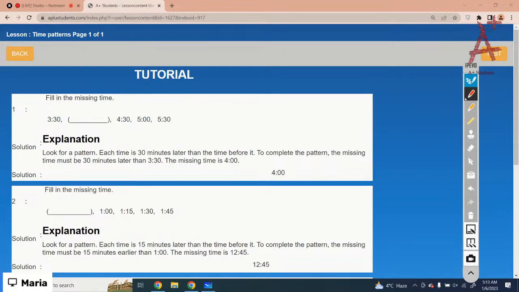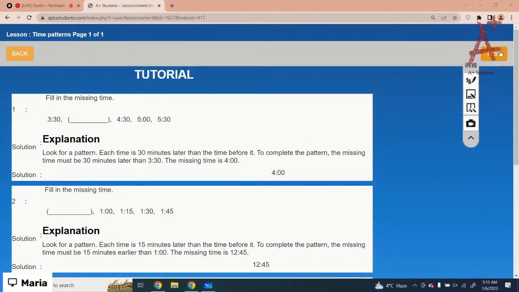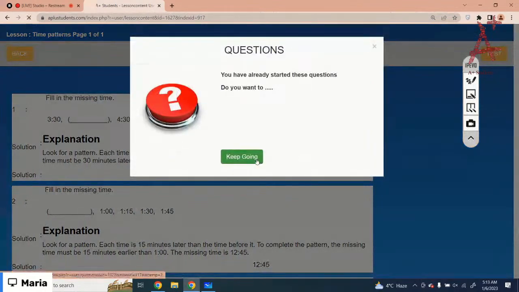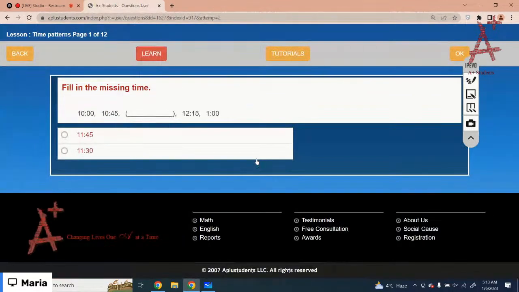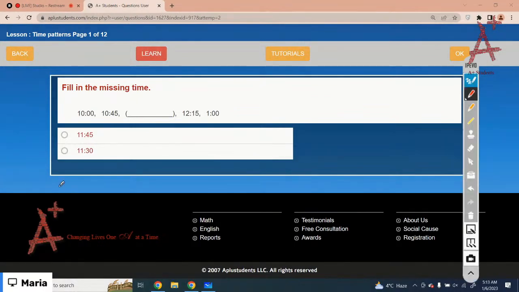Let's just start with the test questions. Fill in the missing time. 10, 10:45, then the missing time. Okay, just look at the pattern. From 10 to 10:45, the next time is 45 minutes ahead. Got it?